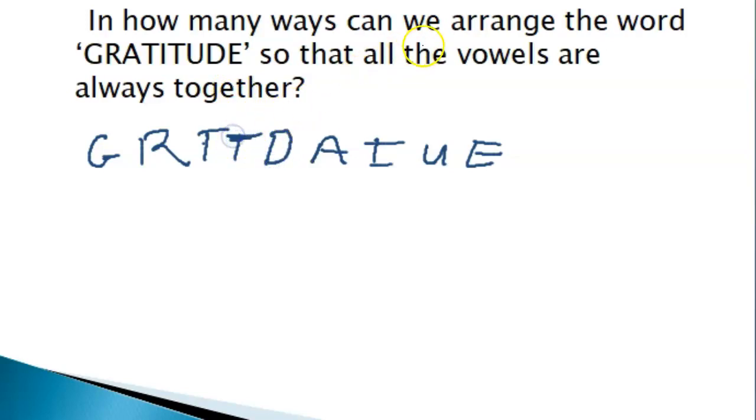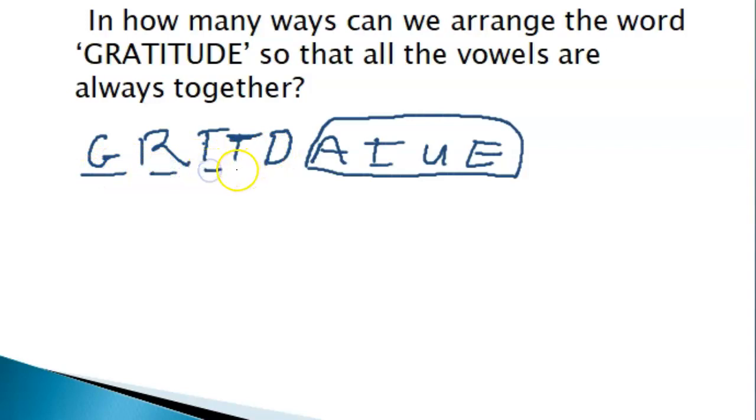All right, so all the vowels are always together. So we see these 4 characters as one group, as one thing. And so that's 1. And then we have what? 5 consonants remaining. So that's 1, 2, 3, 4, 5.